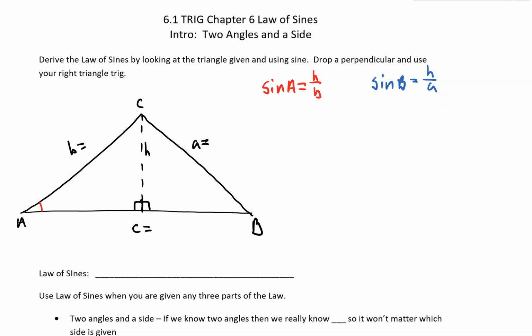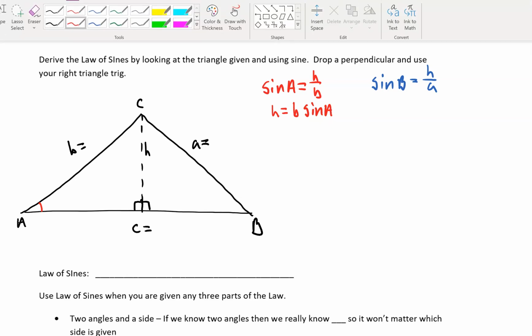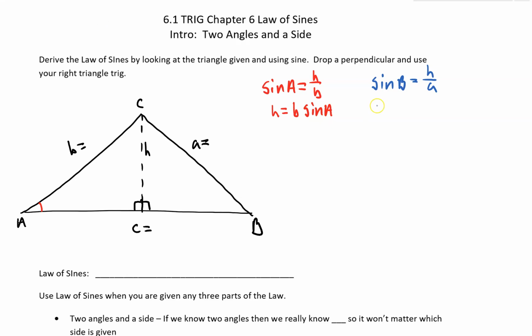Now, they both have the same thing in common here, which is H. So I'm going to solve this one for H. H is equal to B sine A. And in the second one, I'm going to solve for H again.